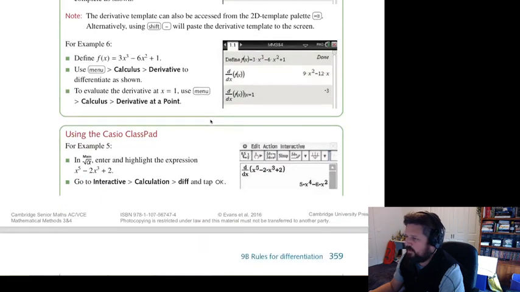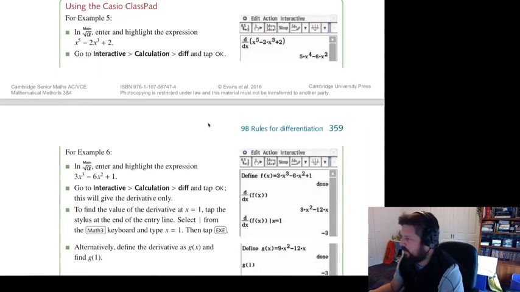Again, these things can be done on your calculator, and you should be comfortable doing these types of things. So again, they're suggesting you can define a function as f of x, check, and from there we can go ahead and do some of the derivative calculations. So here it says you go to interactive calculation and diff for differentiation, and it will spit out what the derivative is.